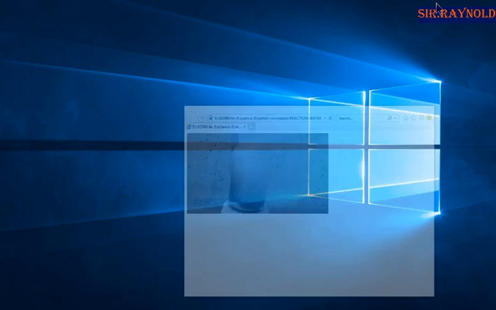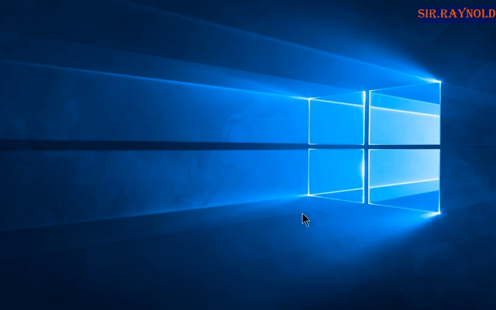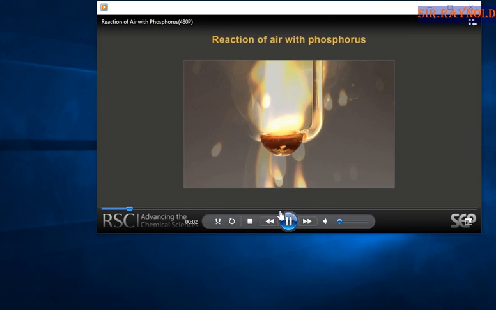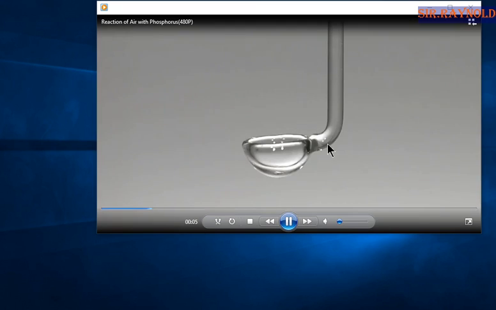Same case when it comes to a non-metal, which is phosphorus. In this video I'll show you how phosphorus, when it is placed here in this part, you'll find it starts reacting with air and then starts giving a fire.